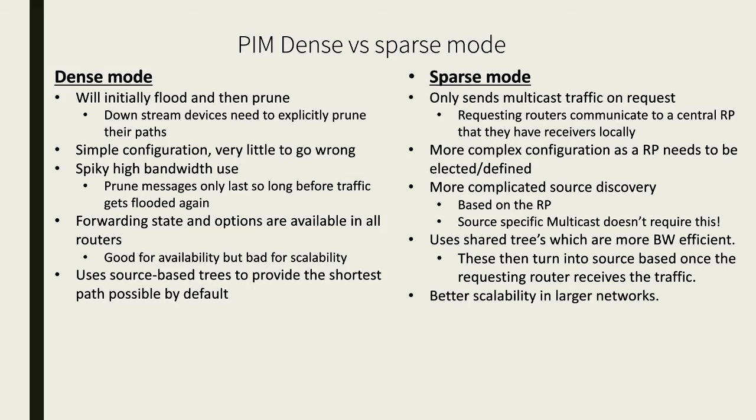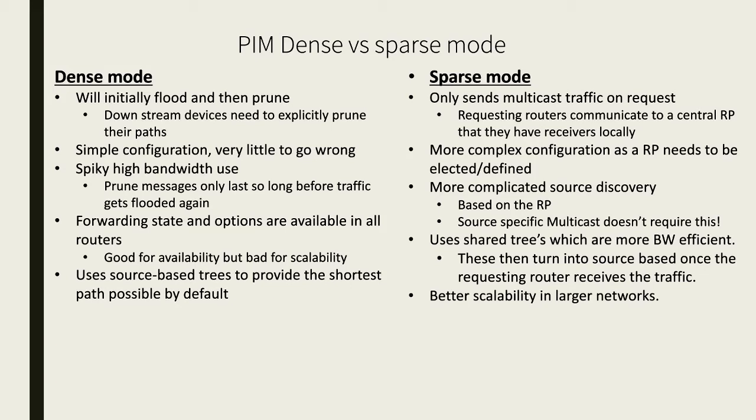The way that dense mode works is that it will send out the traffic, it will flood the traffic. After a while, these end devices will specifically prune the traffic, and you'll dip down in bandwidth utilization.